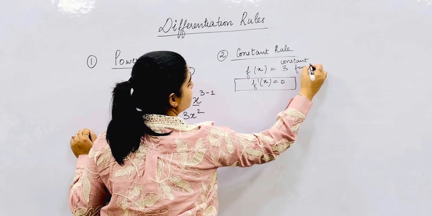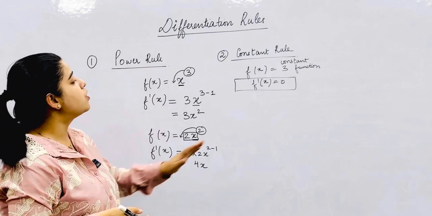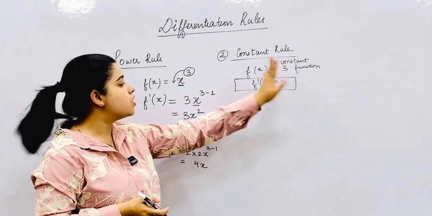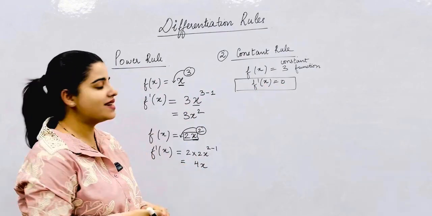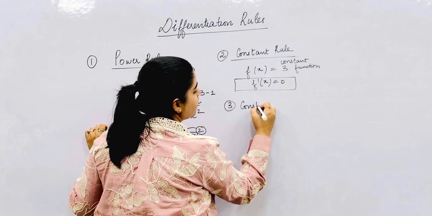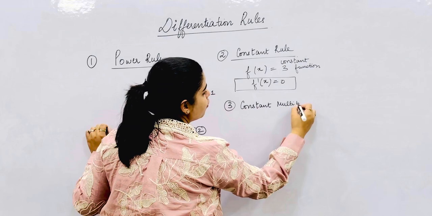So that is your constant rule. So whenever you have any number or any expression which is a constant, the differentiation of that will be equal to 0.